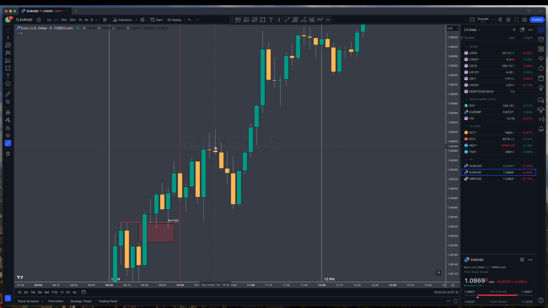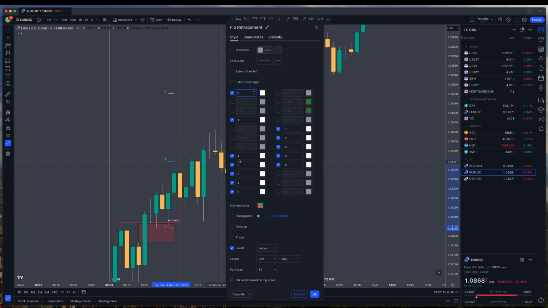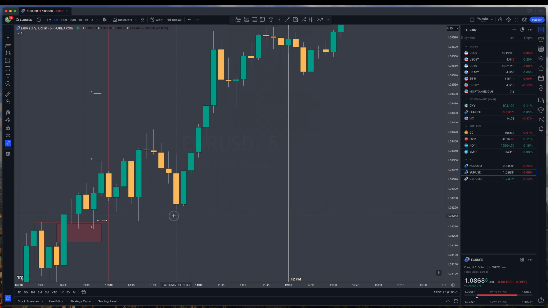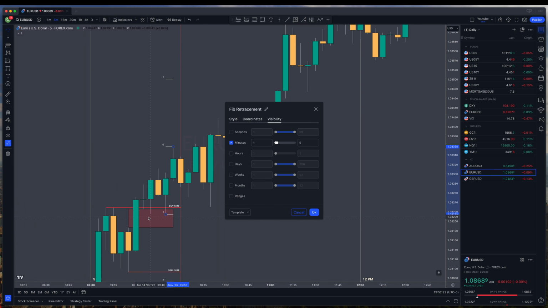So from this low, right? Because if we're looking at this imbalance and we're saying, okay, hey, what are we going to be doing here? We're going to be looking at this range. If this is the first range that we're looking at, and this is price coming out of that imbalance, then this is going to be the range that I'm using to confirm my price moving higher, right?